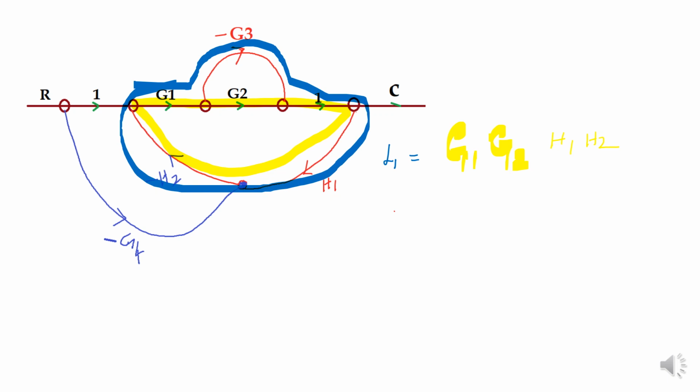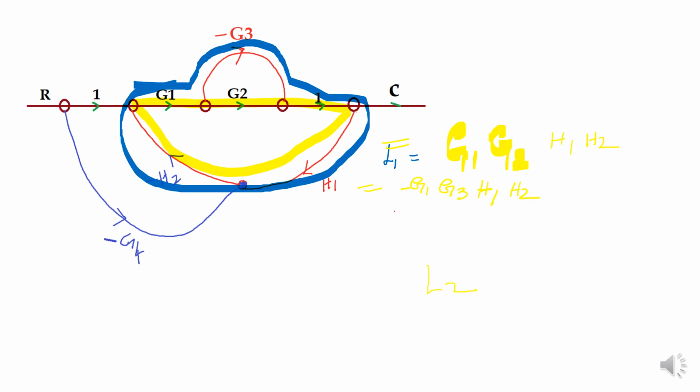So this is loop number 2. Loop number 2 is equal to G1 minus G1, G3, H1, H2. So this is loop number 2.